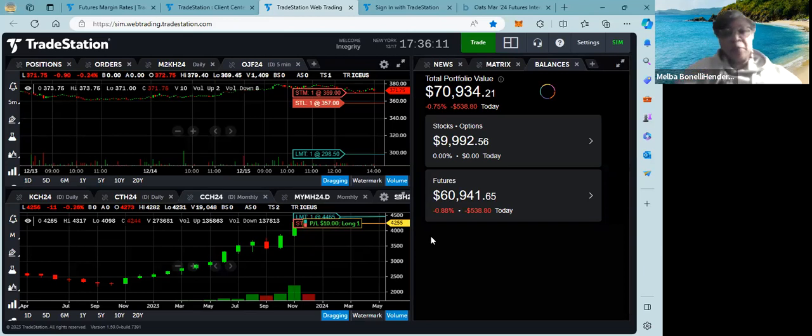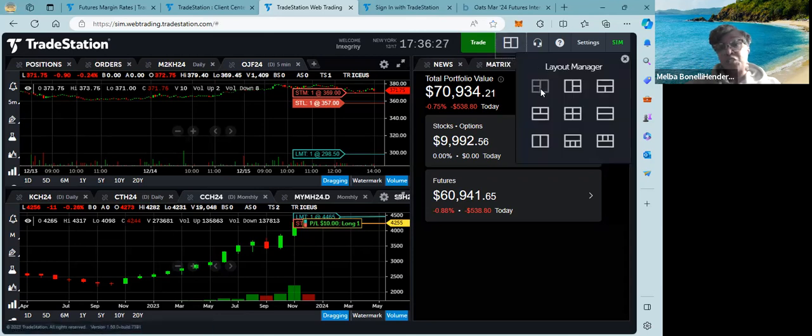So on the trading platform, you notice how Barbara is set up with two rectangular squares that are horizontal, and then she has one vertical. So where she just clicked, that's where you click to set up the way you want your platform to look.